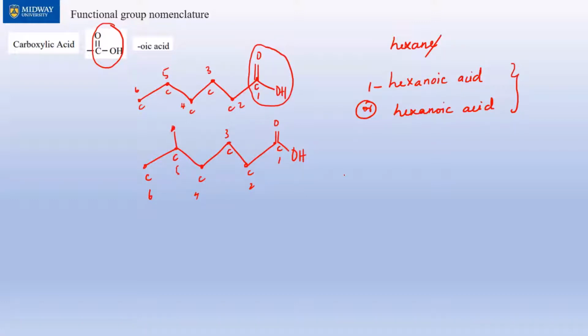When I name this, I may not include the 1, because technically they're both correct. So again, this is hexanoic acid, just the same as the one above. But then there's a methyl group in the 5th place, so it's 5-methyl hexanoic acid, and that's it.